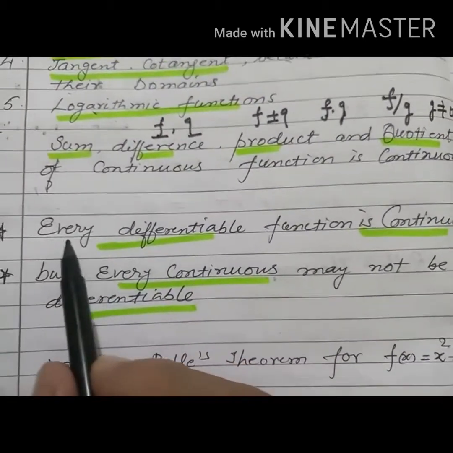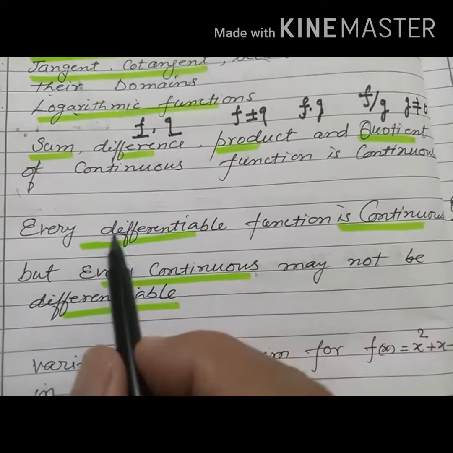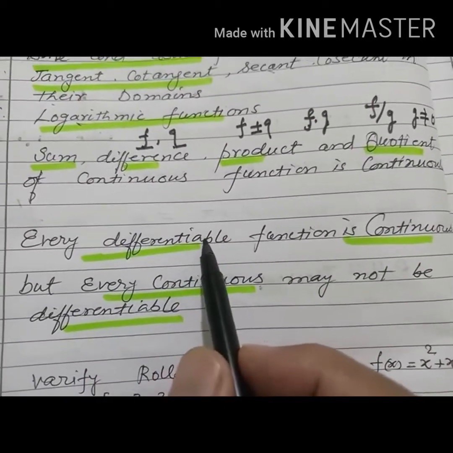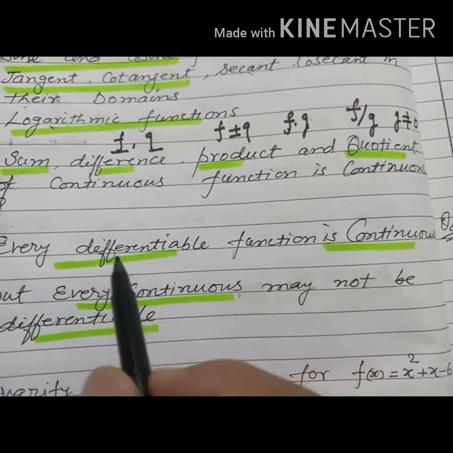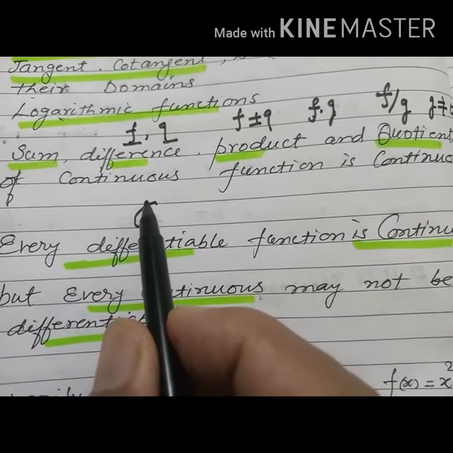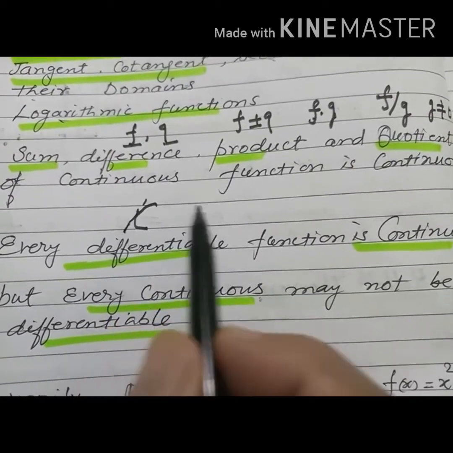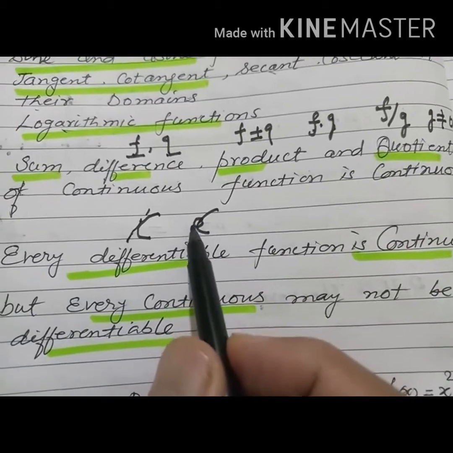Next thing is, every differentiable function is continuous. What is the meaning of differentiability? That we can draw a tangent to the curve. So a tangent you can only draw if the curve is continuous there. Like if any hole is there in the curve, you cannot plot a tangent at this particular point.